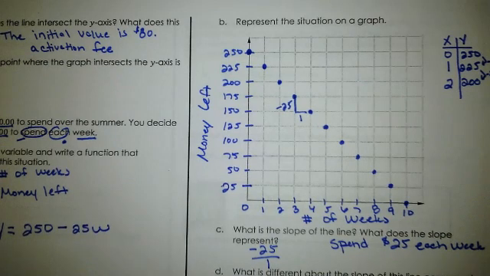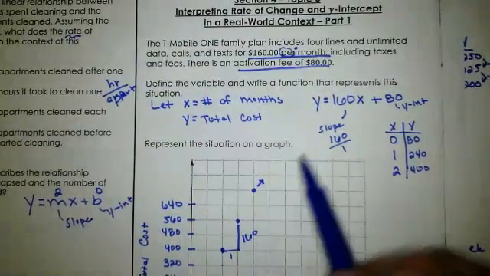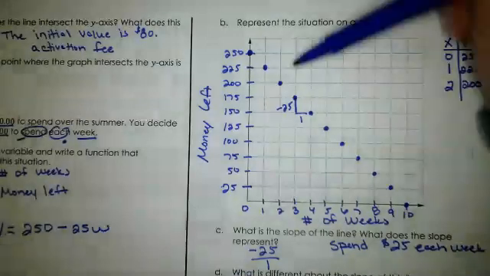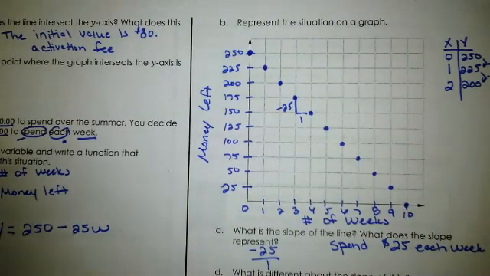What's different about the slope of this line compared to our earlier problem? In our earlier problem, our line was going uphill and we had a positive slope. Now our line is going downhill and we have a negative slope.